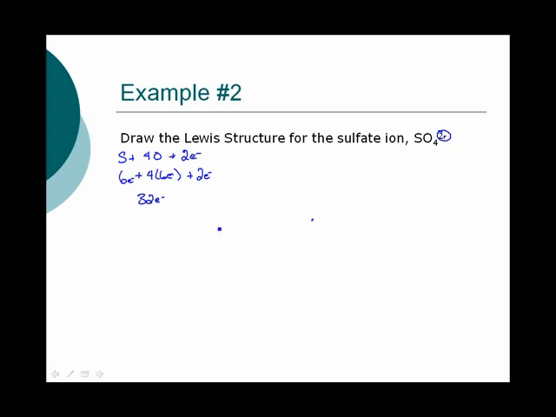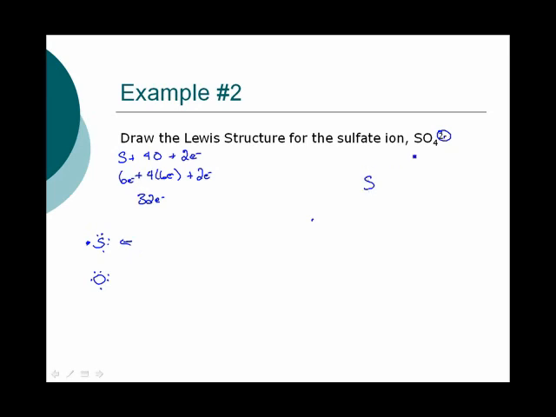So now that we have our electron count, we'll take a look at the atoms that we have. We have a sulfur, and we have an oxygen. Now, they both have the same number of valence electrons, but because we only have 1 sulfur, I'm going to use that as my center first, so our molecule is going to have some symmetry to it.